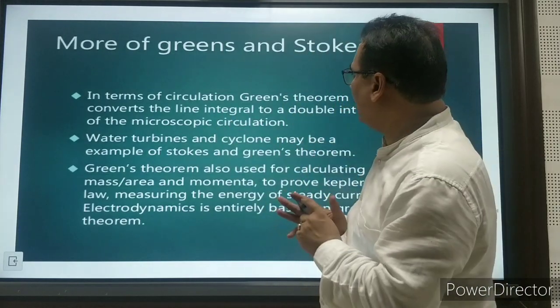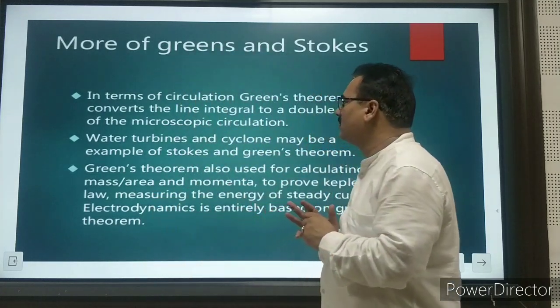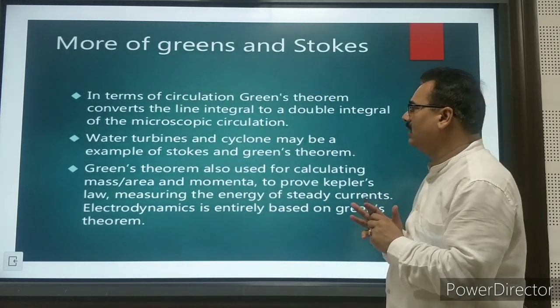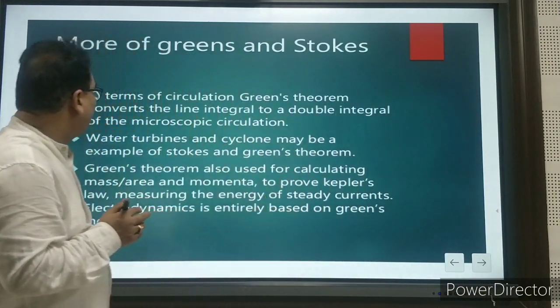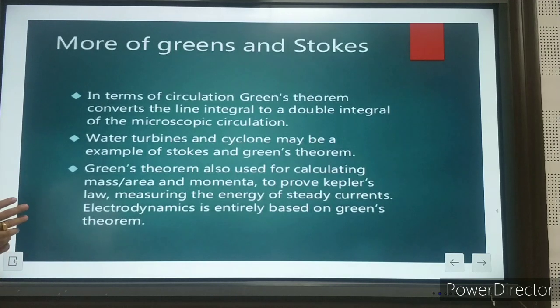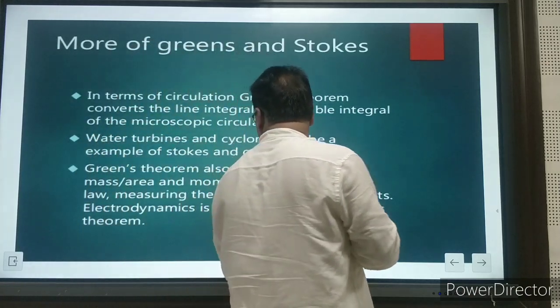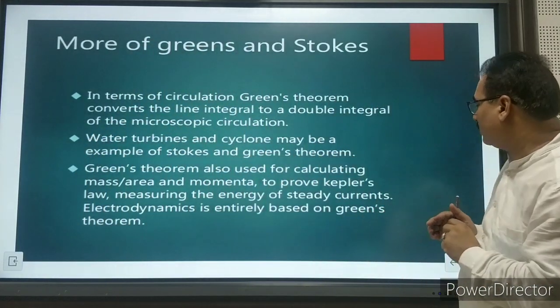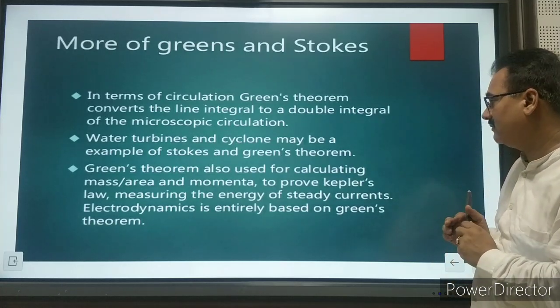In terms of circulation, Green's theorem converts the line integral to a double integral of the microscopic circulation. And the water turbine and cyclone may be an example of Stokes and Green's theorem. Green's theorem is also used for calculating mass, area and momenta, to prove Kepler's law, and for measuring the energy of steady currents.